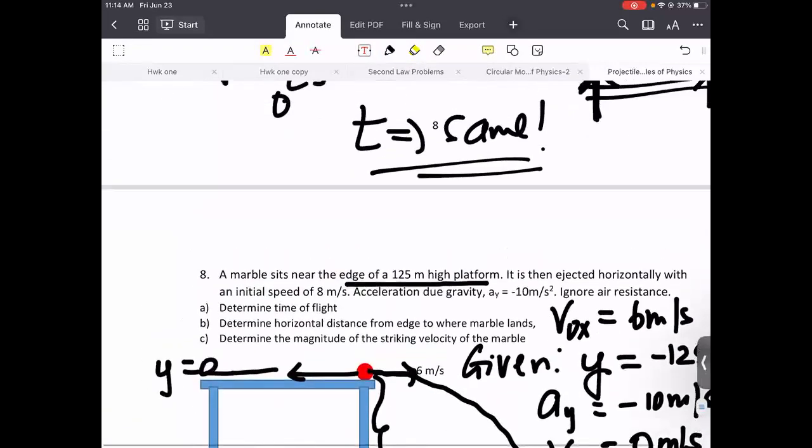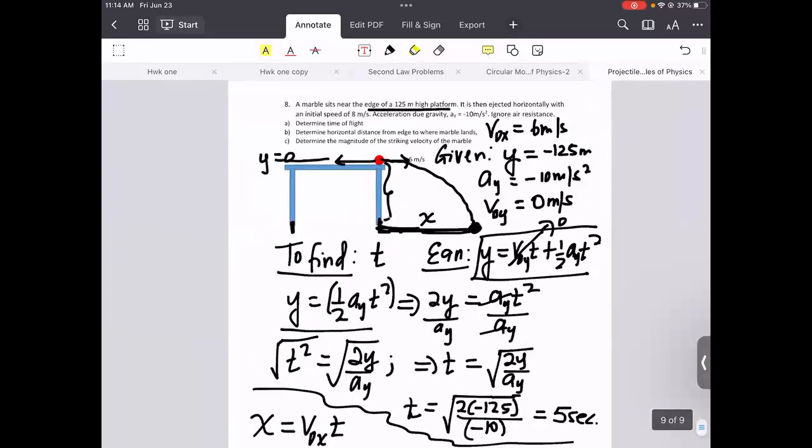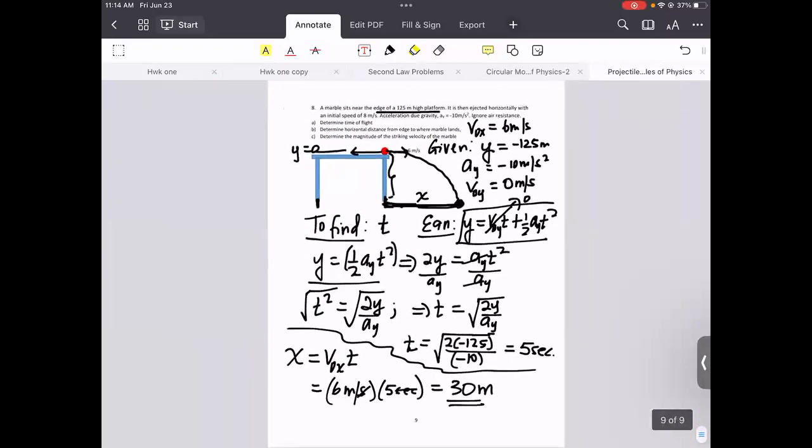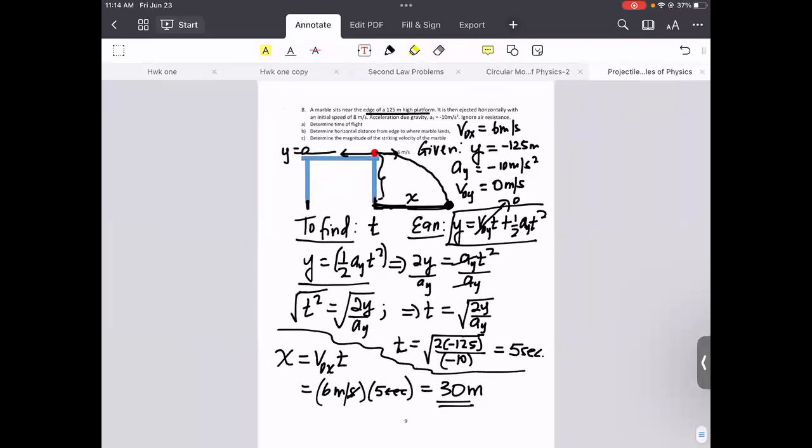Now you might want to take a picture of this, because I want to erase it and solve the last problem. The last question says, determine the magnitude of the striking velocity.